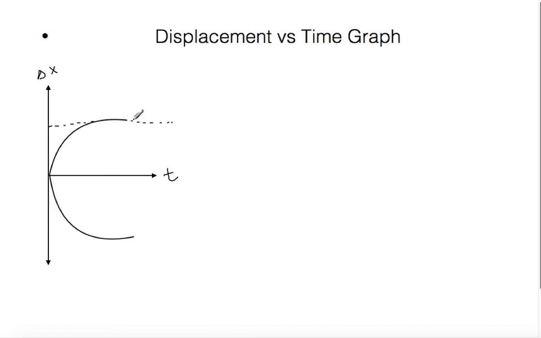So, let's say again, this is object K. If we need to draw the velocity time graph, what happens? It moves with decreasing velocity. Why? Because it takes some road, then it stops. When it comes here, t1, it stops.